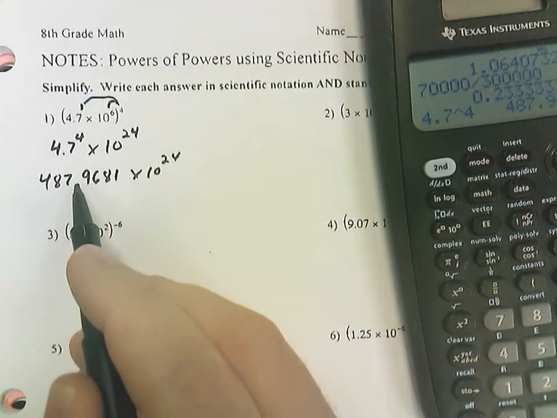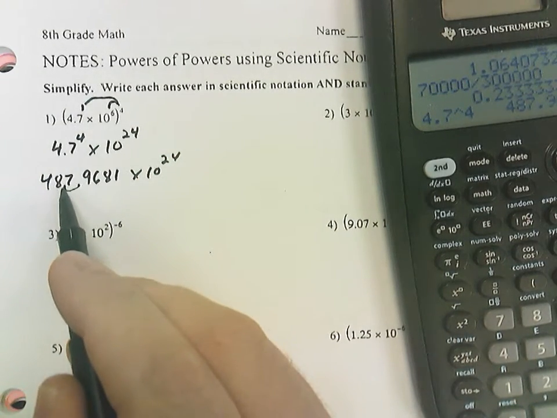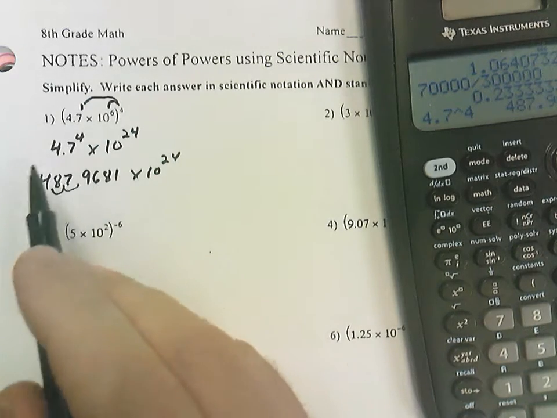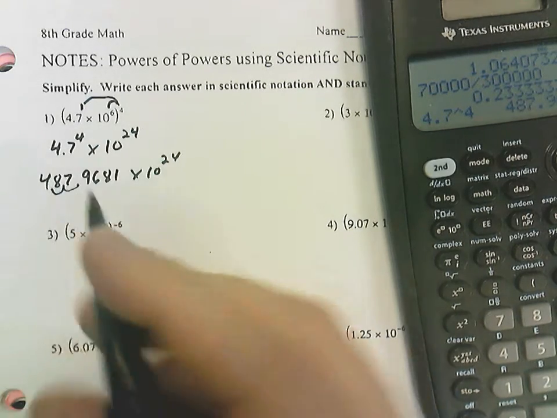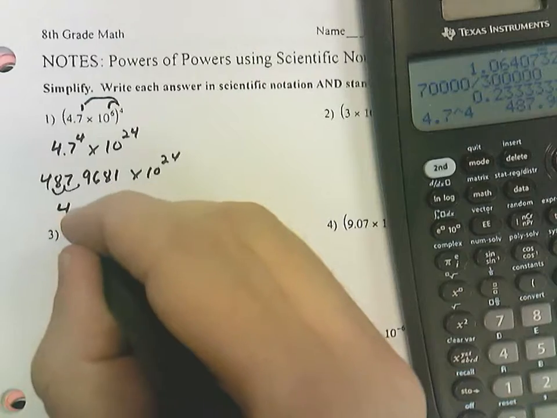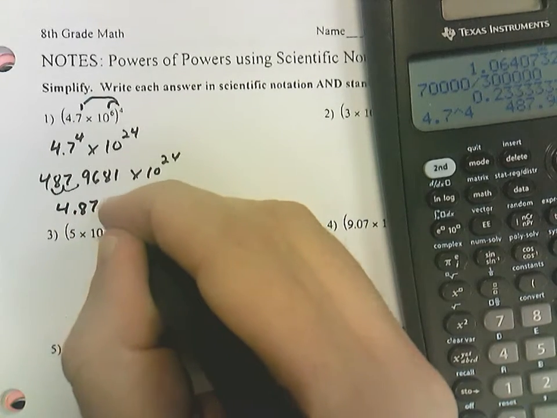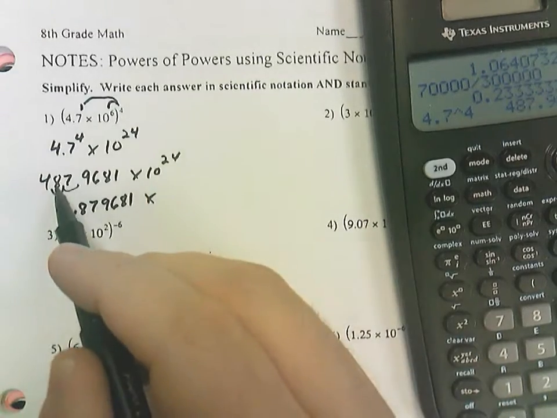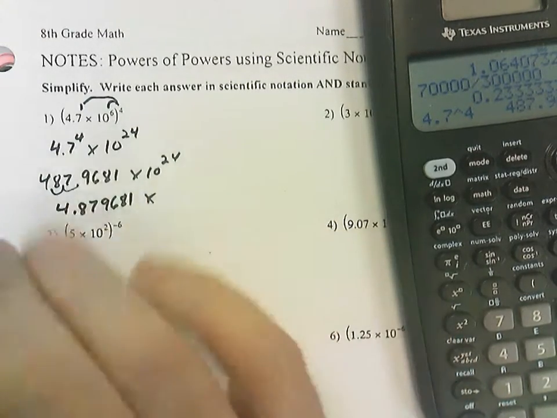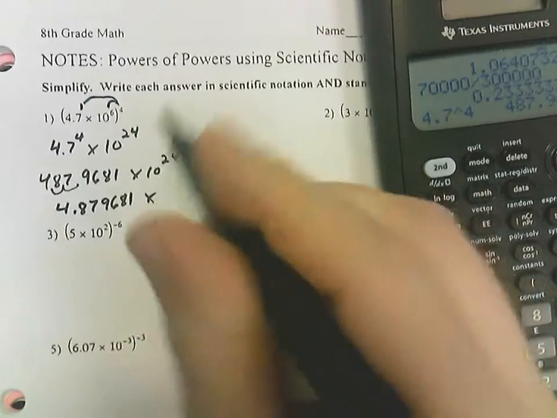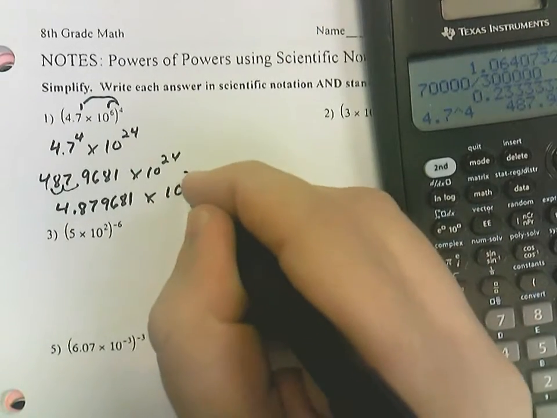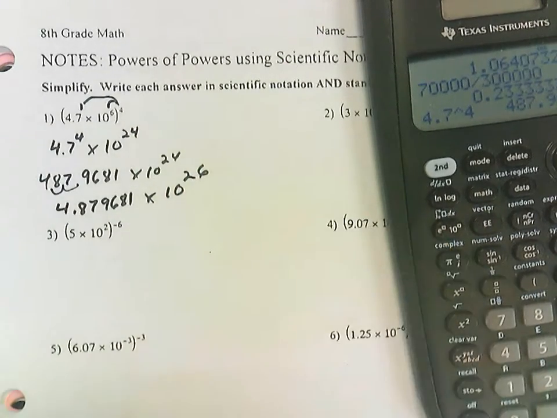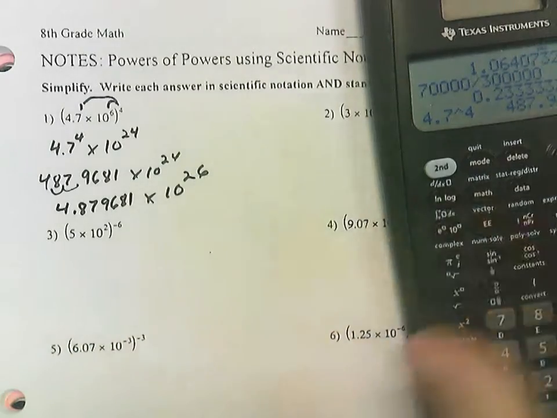So you'll see that we have 2 extra 10 spots that we need to get rid of to get this number between 1 and 10. So that it becomes 4.879681 times, and I'm going to take those 10s, put them on top here, and since I'm taking away here, I'm going to add them up here. So it'd be 10 to the 26th power. And that would be that number right there.